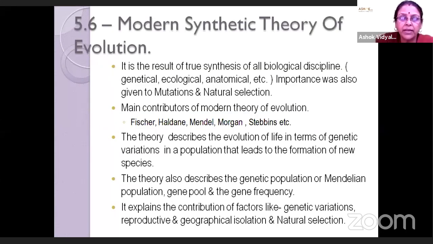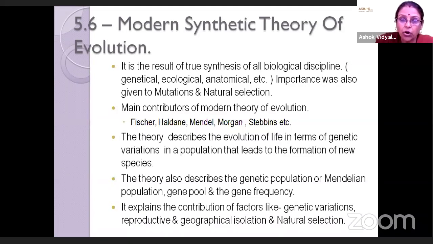See, 5.6 article is Modern Synthetic Theory of Evolution. The modern synthetic theory of evolution describes the evolution in terms of genetic variation in a population that leads to the formation of new species.